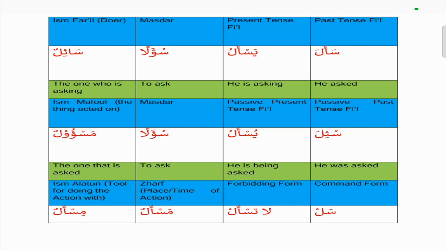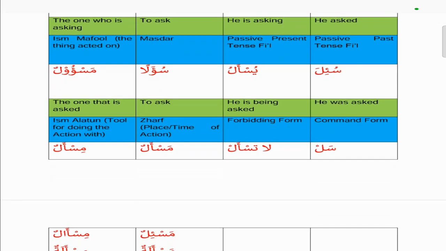And then to see what harakat we're going to add to the alif, we look at the second to last letter, which is a hamza that has a fatha on it, therefore the alif gets a kasra, so it becomes is'al. But another way of saying it is that you drop the alif with the kasra, you drop the hamza, and then whatever's on the hamza, that harakat transfers to the first root letter sin, which is a fatha, so it becomes sal. So you're just left with sal as the commanding form.